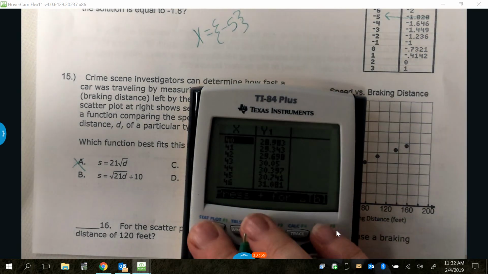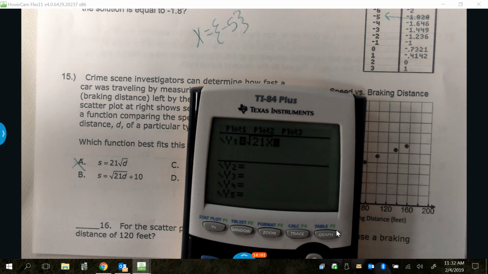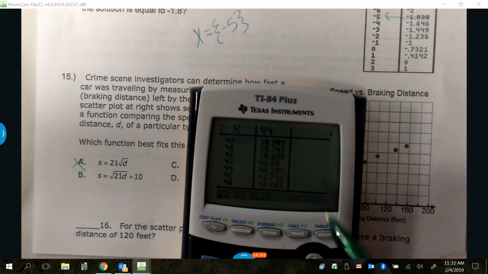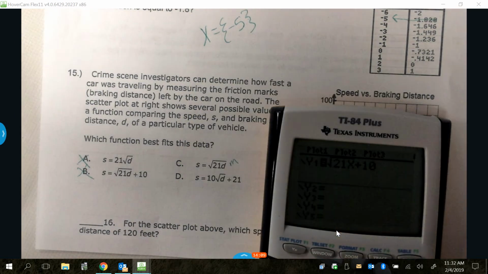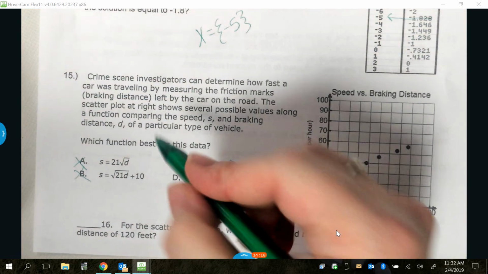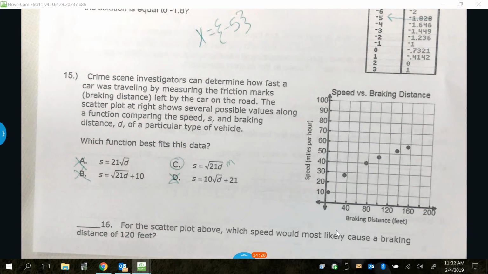Then this one says add 10, but that's almost 40, so that'd be like 40 and 40, which is wrong. And then the last one, 10 square root x plus 21, is about 40 and 80, so that's wrong as well. So C would be your answer.